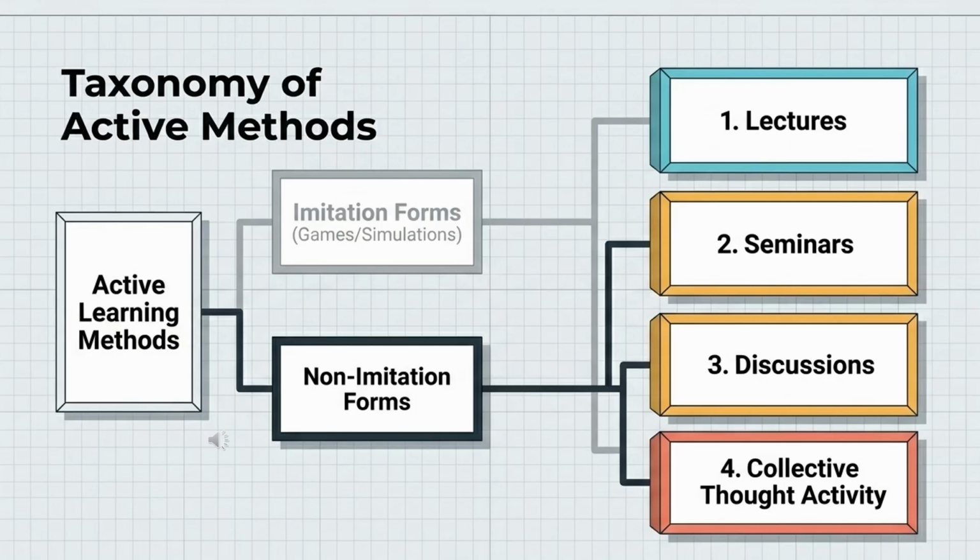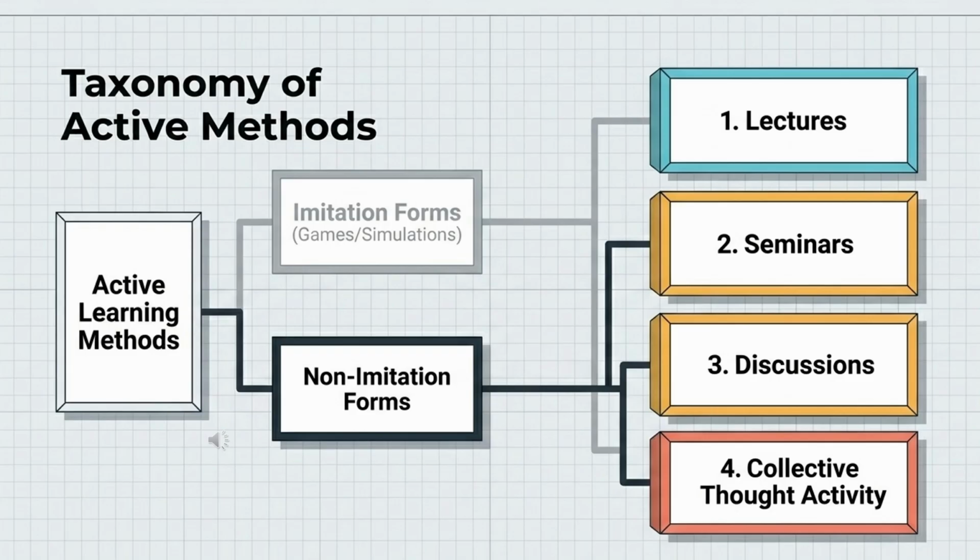The taxonomy on page 5 classifies active methods into imitation forms and non-imitation forms. This distinction is methodologically useful because it clarifies that active learning can proceed either through model situations or through intensified academic interaction without explicit simulation.